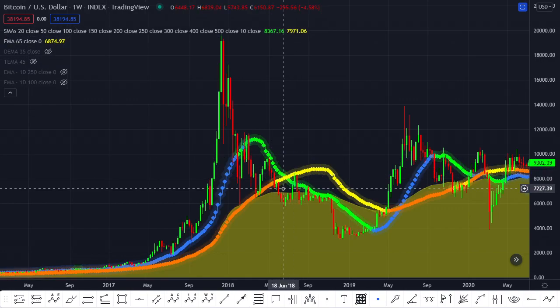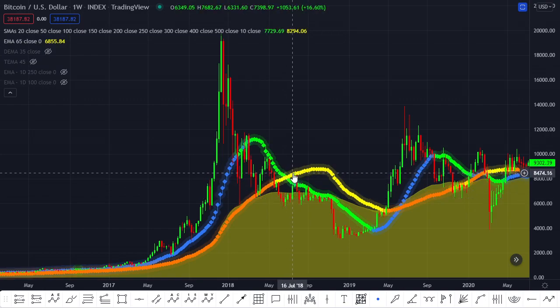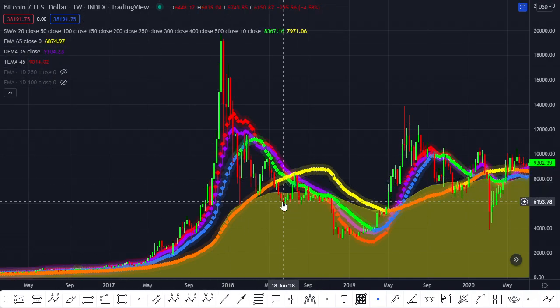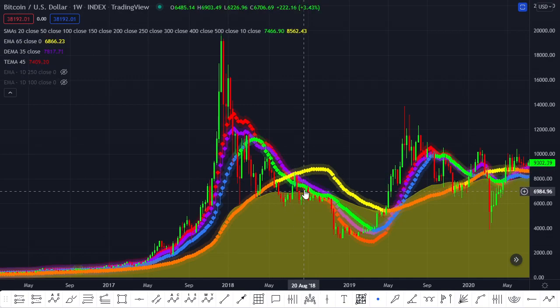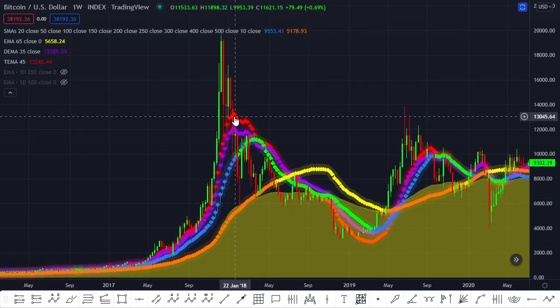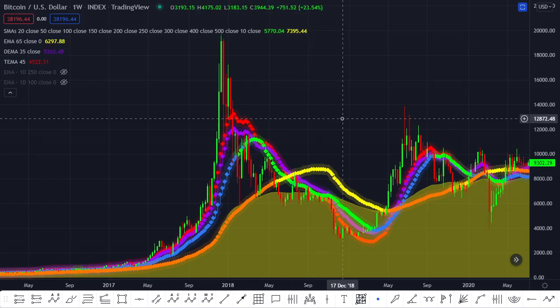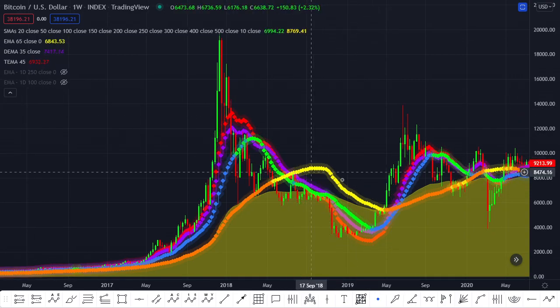As you can see right there, once we drop to the ocean right here, and then we try to bounce back up, and we get rejected on the yellow EMA, which is the 65 EMA on the weekly time frame, this one starts to go up, and you can see the price is below it. And if you pop up your DMA and your TMA, we get rejected here, and then we start hitting our heads on the DMAs, the TMAs, which are basically the red, the purple, and the blue, or now green, lines.